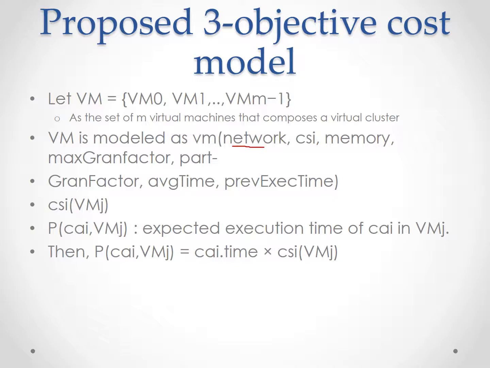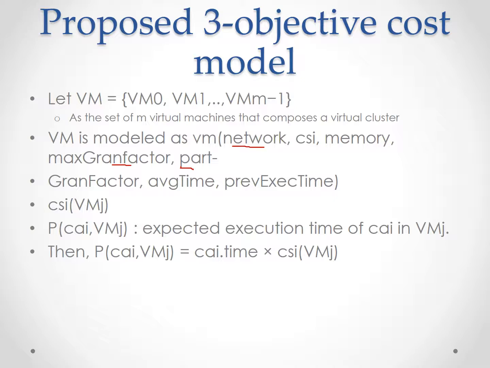CSI is the computational slowdown index. Memory is the RAM capacity of the virtual machine, and max grant factor, part grant factor, average time and previous execution time are information about the previous executions of this virtual machine.